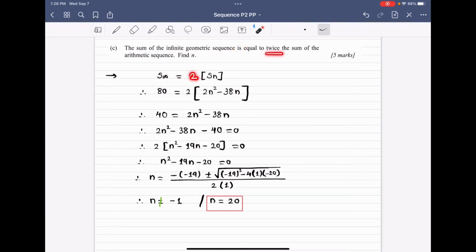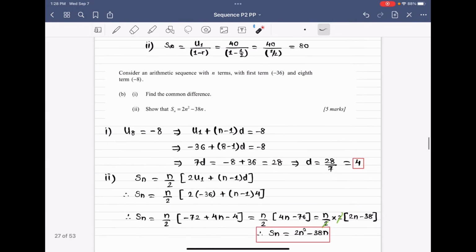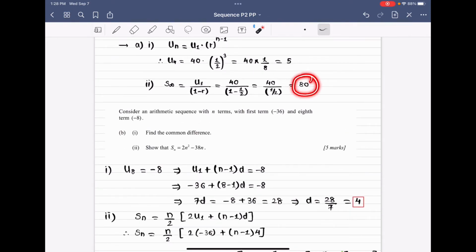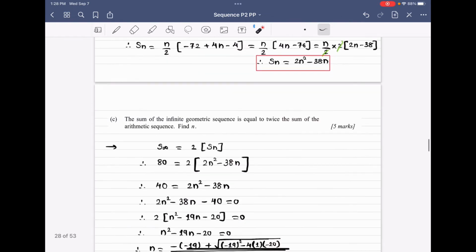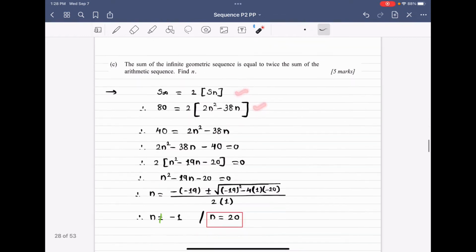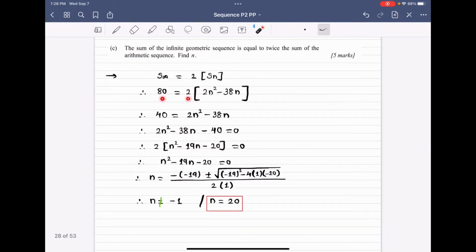Twice means 2 times. Sum of an arithmetic sequence means Sn. We already know S infinity from the first part, which is 80. We already know Sn from the previous part, which is 2n square minus 38n. So 80 is equal to 2 times 2n square minus 38n.